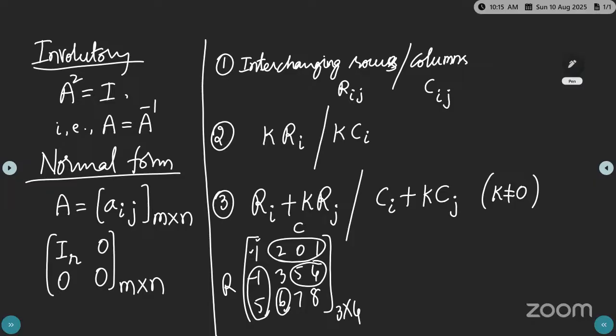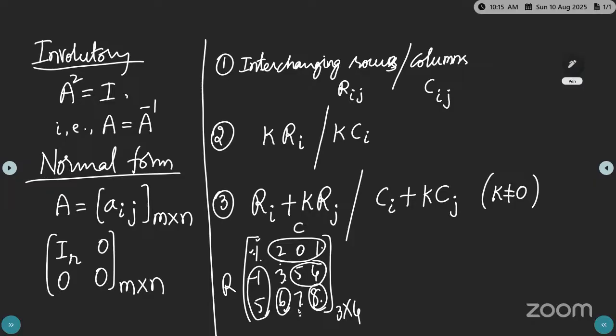If it is of rank 3, you will have these non-zeros. These three can be made 0 by using the first column, these two can be made zeros by using the second column, and this one can be made 0 by using the third column.